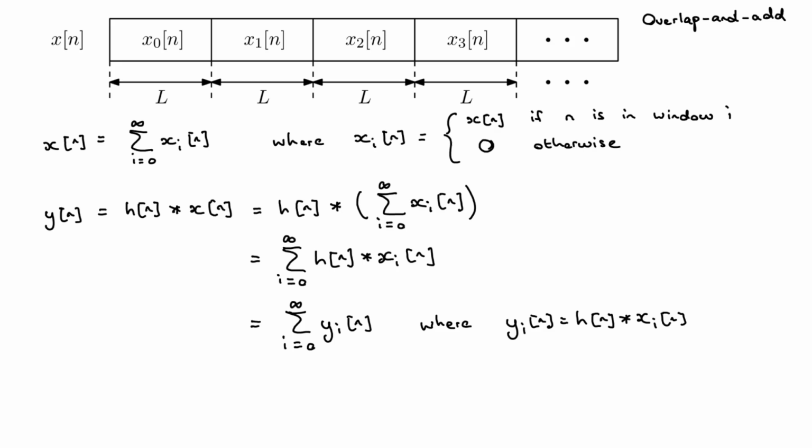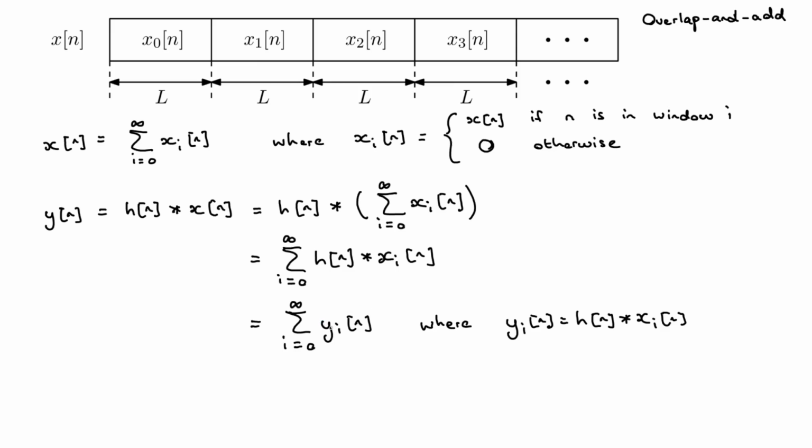But we should be a little bit careful here, because the convolution of this block with h won't actually end there. It will go on for a little bit, and we need to take that into account when calculating the sum. Basically, yi of n will be longer than either h or xi.